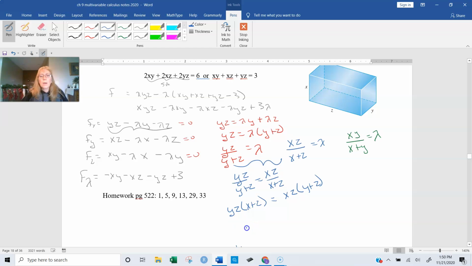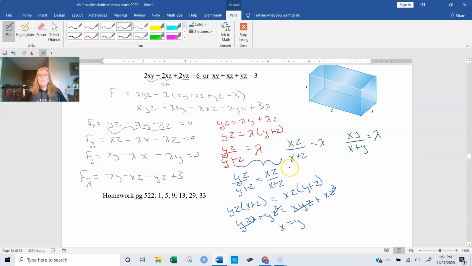Multiply through, you get yzx plus yz squared equals xyz plus xz squared. Now when we cancel, these two are the same, so they cancel out. Divide by z squared on both sides, and we end up with x equals y.